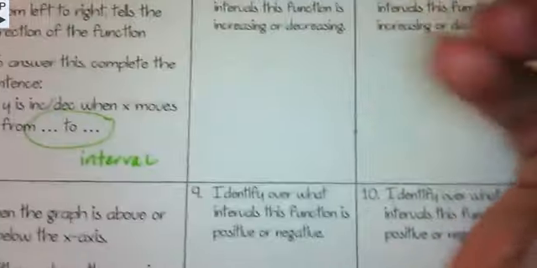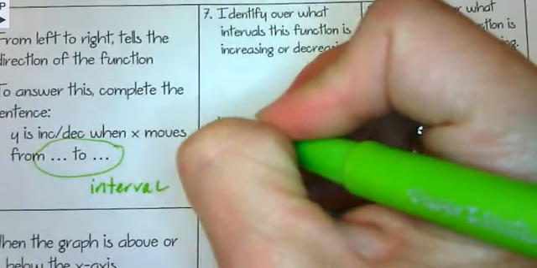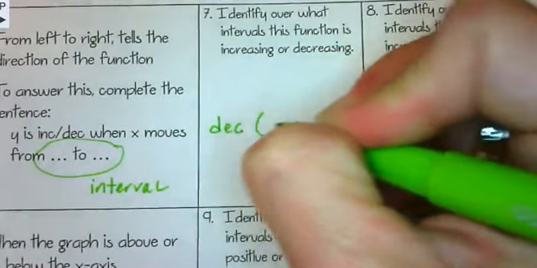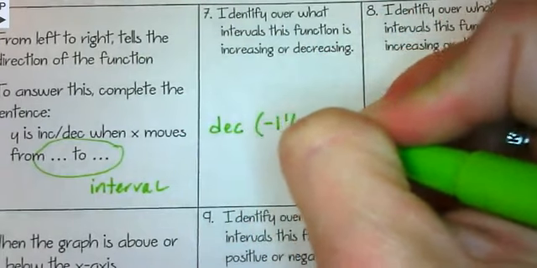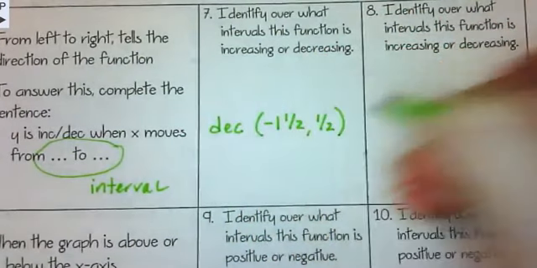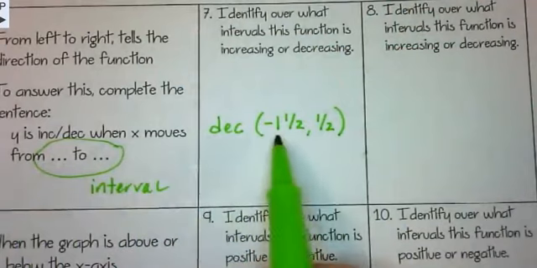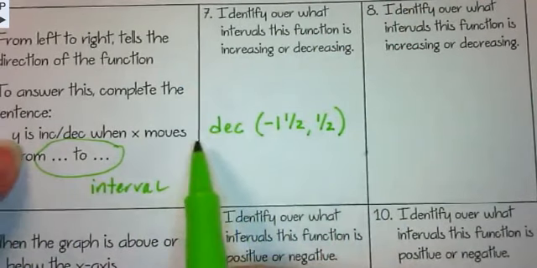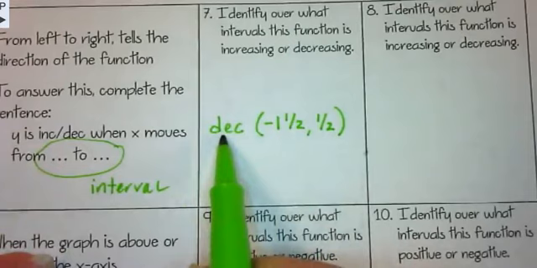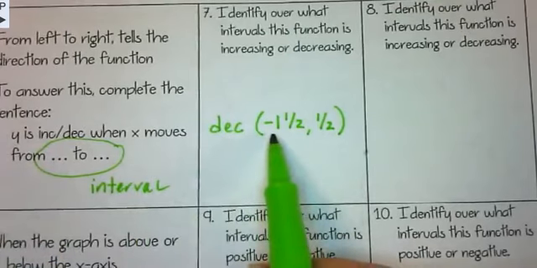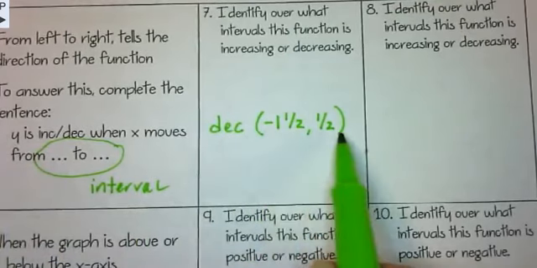So I'm going to start with that one. I'm going to say that this function was decreasing from -1.5 until 1/2. So remember, we're talking about the x. So we're saying y is decreasing when x moves from -1.5 to 1/2.